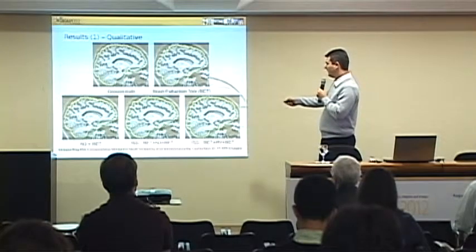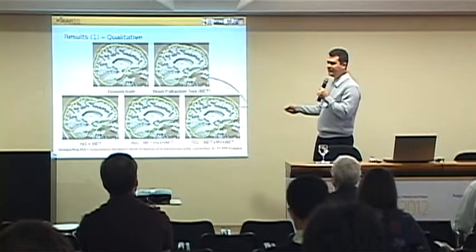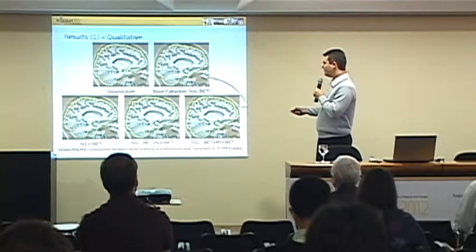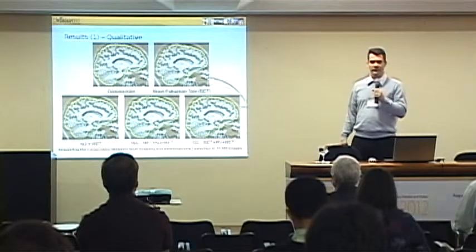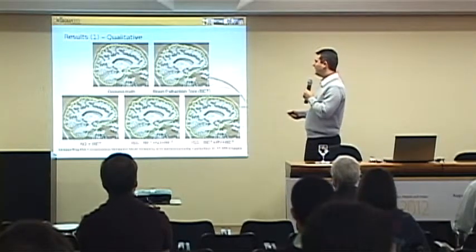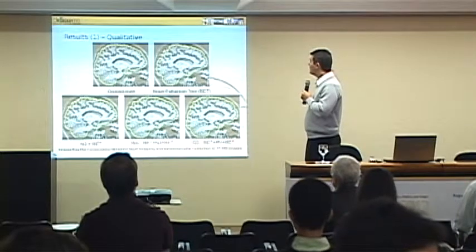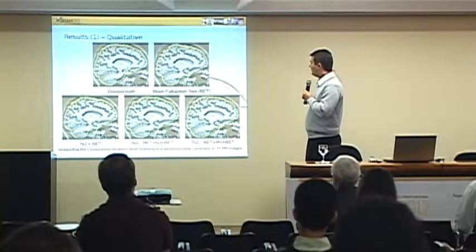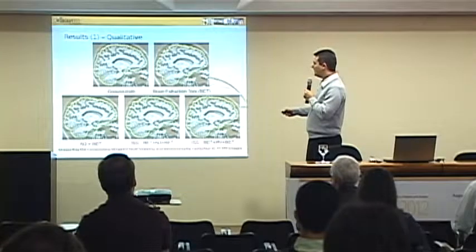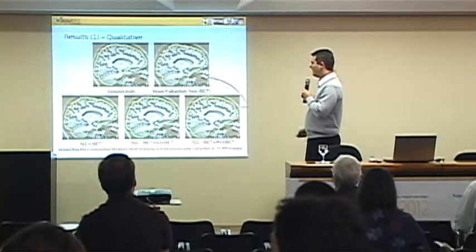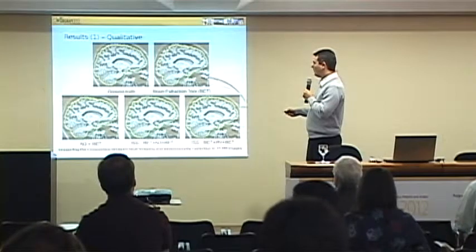The first one here is made by BET without inhomogeneity correction, the brain extraction tool from FSL, a tool for MRI image processing. You can see here that the segmentation of the cortex of the brain is wrong. Also in the back of the cerebellum and in the posterior lobe of the brain.